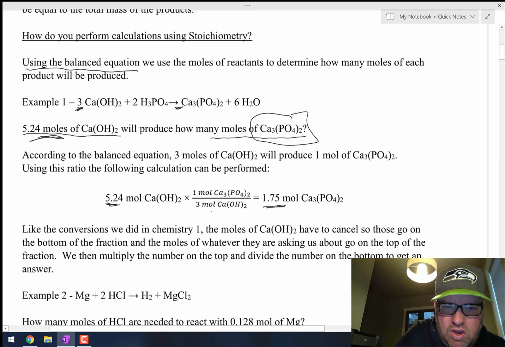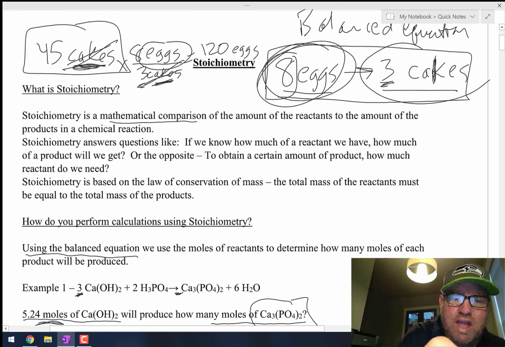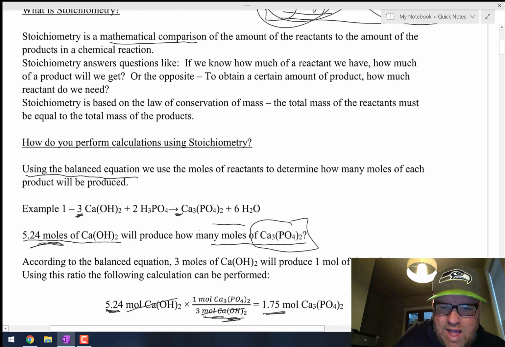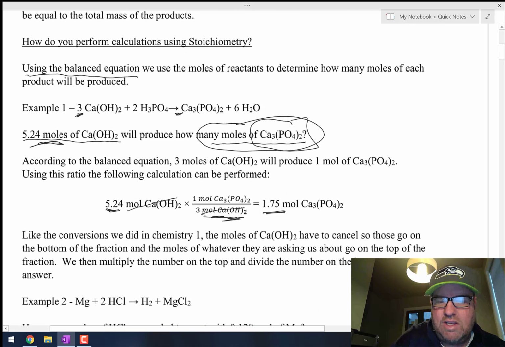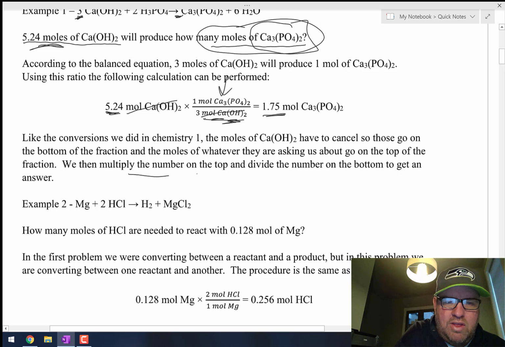That's how we knew that moles of Ca(OH)2 have to go down here, because those cancel. Just like up here, our cakes and our cakes canceled, and we were left with eggs. We want to be left with whatever they're asking us about, which is our moles of calcium phosphate.